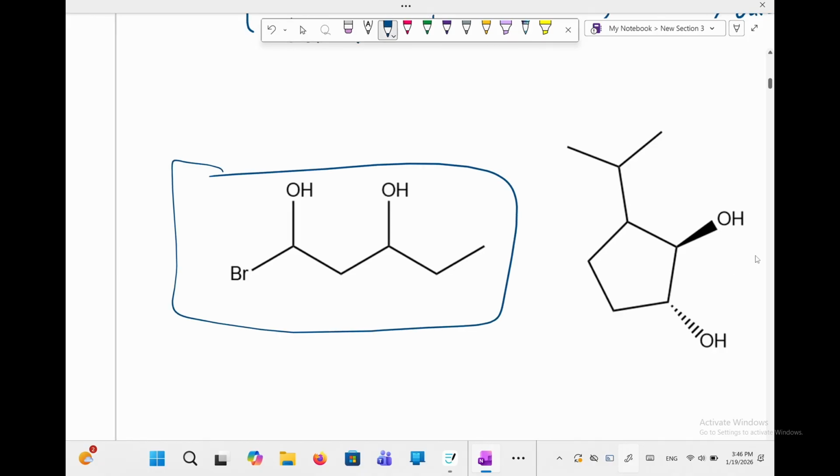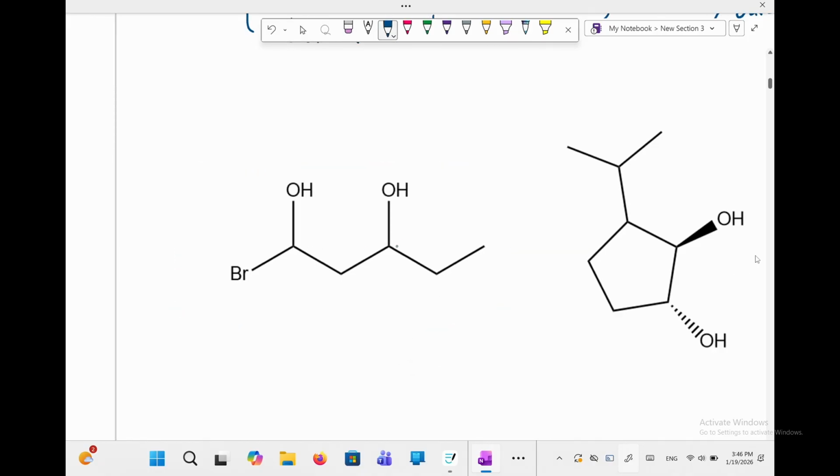This one specifically, if we have two or more alcohols, we're going to be using diol or triol, etc. So we're not going to number it right to left, because the first alcohol is on the first carbon. So 1, 2, 3, 4, 5.